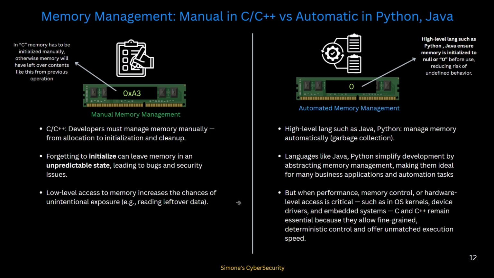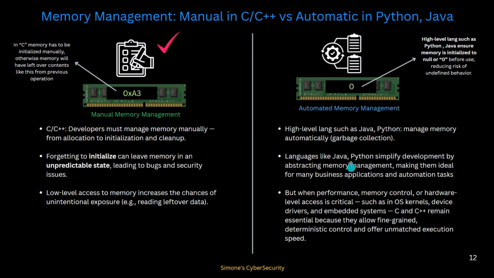In C and C++, which are low-level languages, memory management is manual. That means the programmer is responsible for allocating memory and also for cleaning it up when it's no longer needed. And if the developer forgets to initialize memory or clear it properly, the system won't help it. That's how uninitialized variables and memory leaks happen.